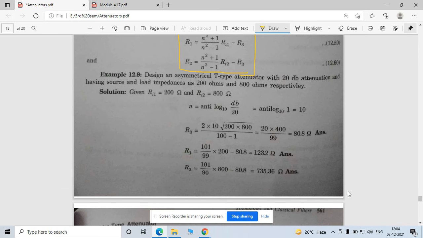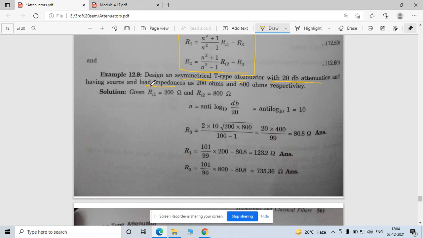Now see, one example on the basis of this is given here. You have to design an asymmetrical T type of attenuator with 20 dB attenuation. You have to find the other parameter values, right? The source impedance is 200 ohm and the load impedance is given as 800 ohms.